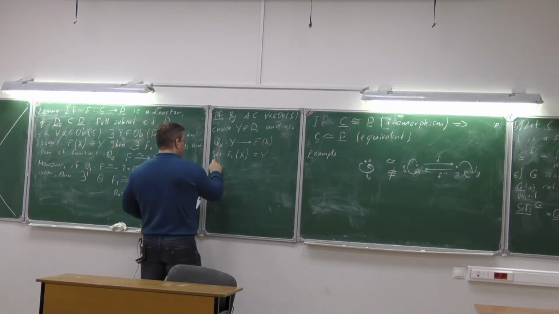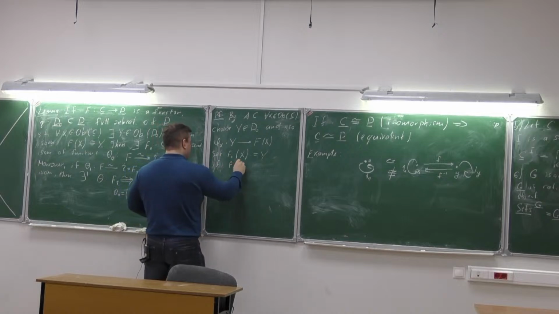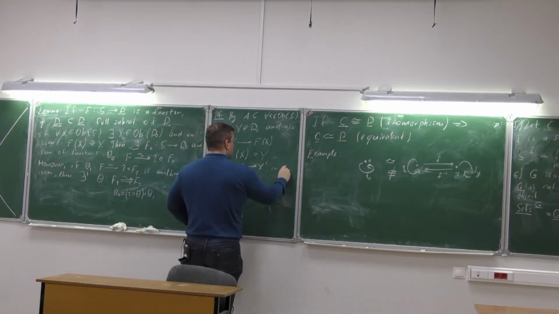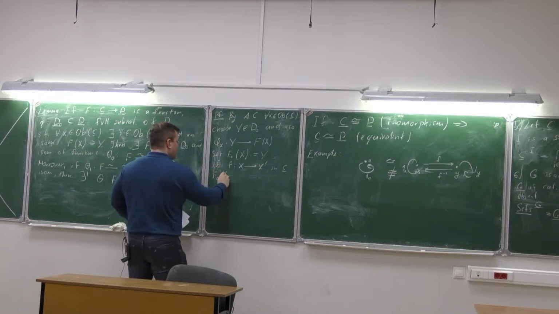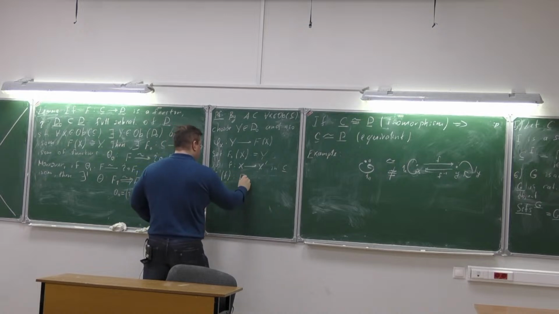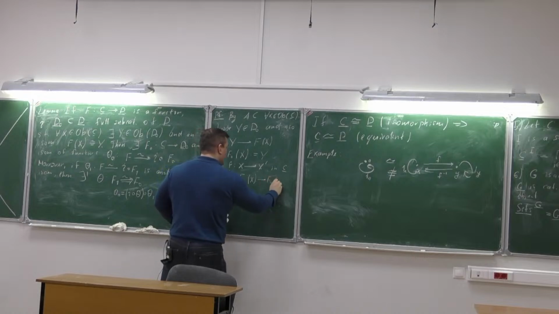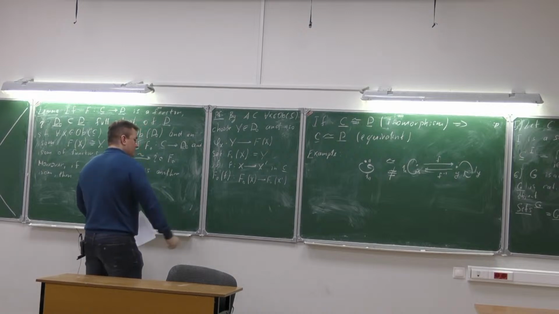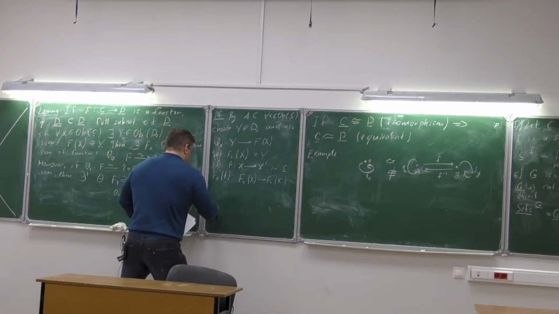And for the arrows, if f is a map from X to X prime in the category C, then we set F naught on this map f to be, well, this is supposed to be a map from F naught applied to X to F naught applied to X prime, but we define it as the following composition.